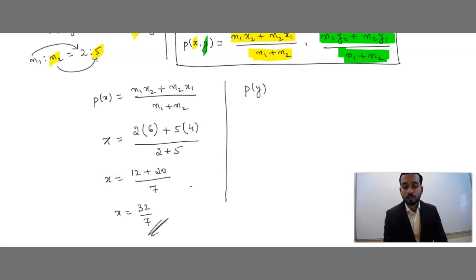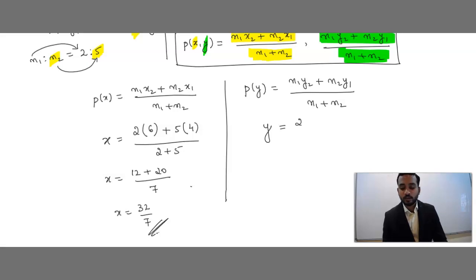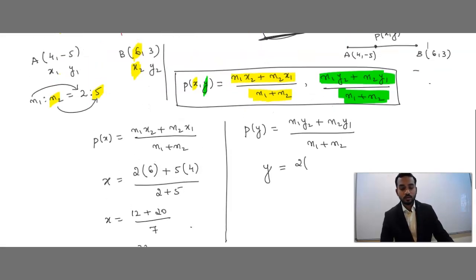Let me see p of y. That is m1 y2 plus m2 y1 divided by m1 plus m2. Right? P of y is nothing but y. How much is m1? 2. What is the value of y2? That is 3.